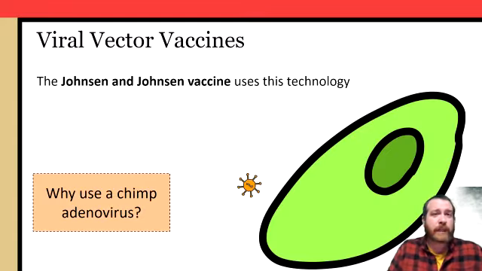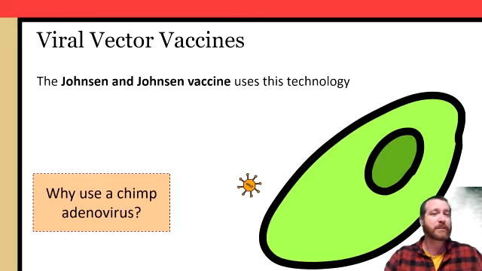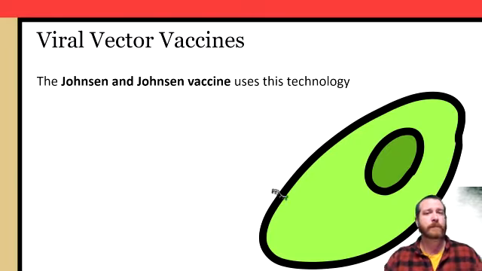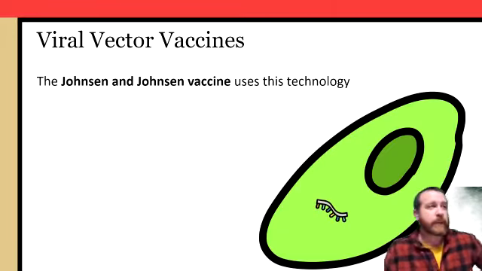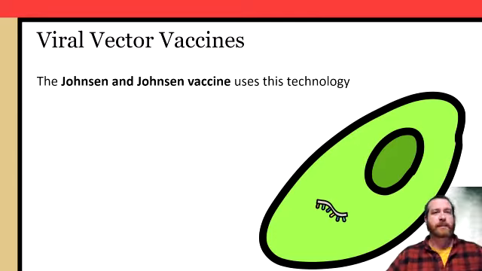So I wouldn't really have the ability to get exposed to that coronavirus spike protein. That's why we use something that's similar, but not quite the same. It's kind of an odd thing to use a chimp adenovirus, but it's for a very, very good reason.